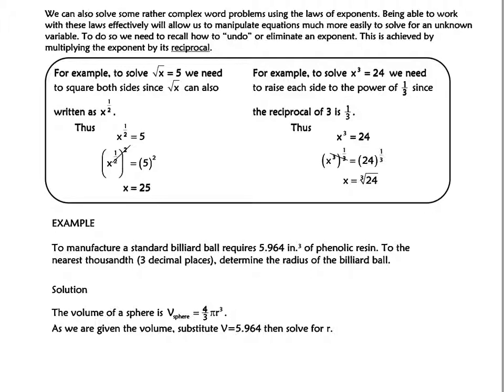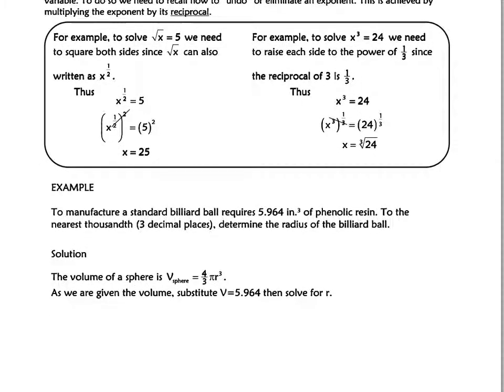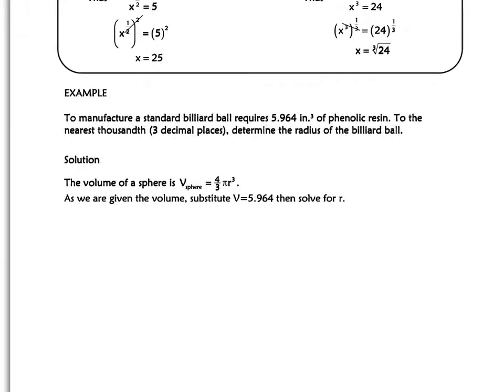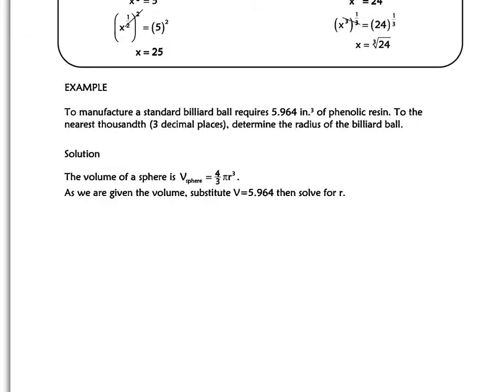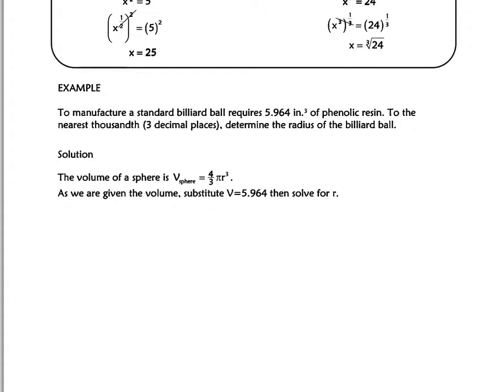The last example here just shows you how you can evaluate using formulas that have exponents in them. So they give you the volume of a sphere is 4/3 pi r cubed. That's the formula. So they want you to substitute in 5.964 for the volume and work out what the radius would be.